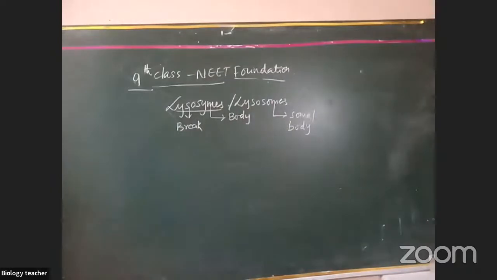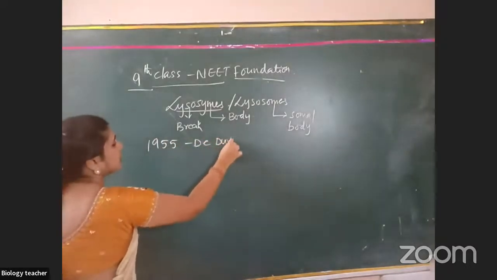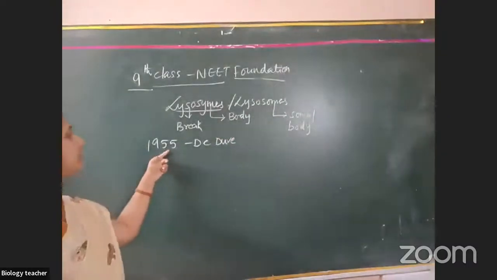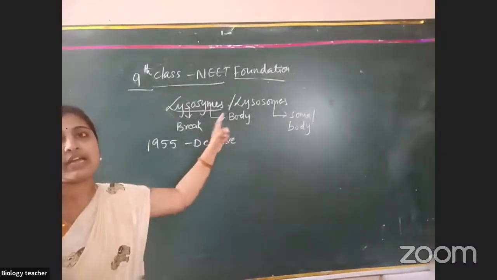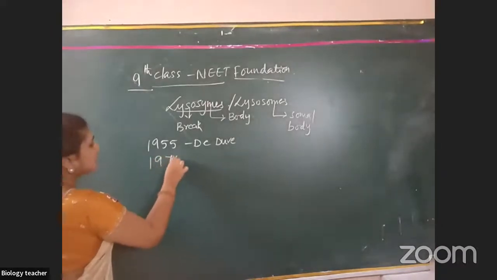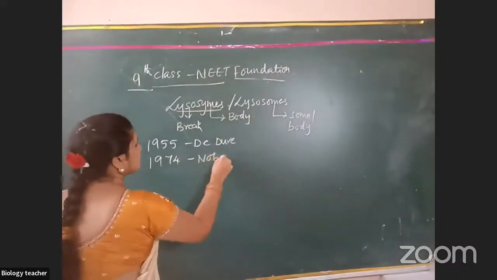In 1955, D. Dewey discovered lysosomes. For this discovery, he was awarded the Nobel Prize in 1974. In which field?